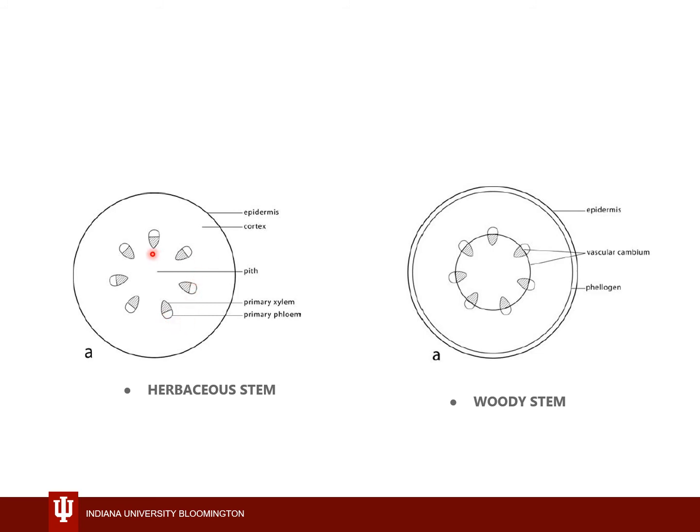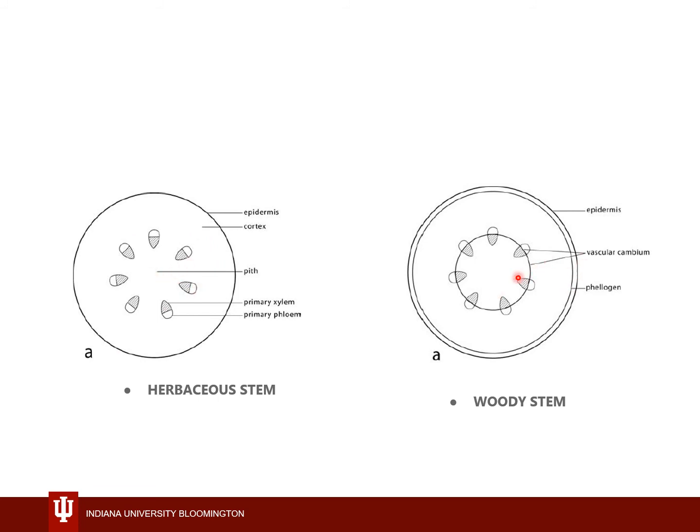And so that's in an herbaceous stem. They can be arranged differently depending on whether it's a monocot or a dicot, and we're not going to get into all those differences. What I want to point out is that this is not a tree. This does not form wood and does not become a tree.